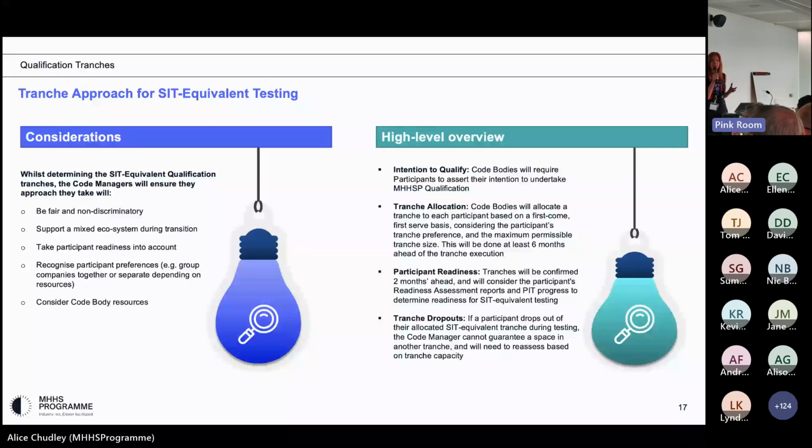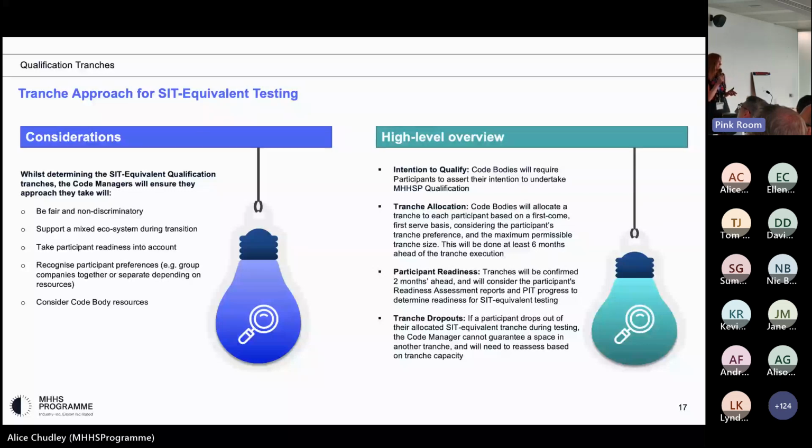So I think the key things we were looking at there is that we had a non-discriminatory approach to putting those together. That was cast iron within the Section C itself, that we had to be very careful about how we did that. We also wanted to make sure that we were able to support a mixed ecosystem so that when people come out the other end and into migration, there's a mixture of participants available to undertake migration wherever possible.